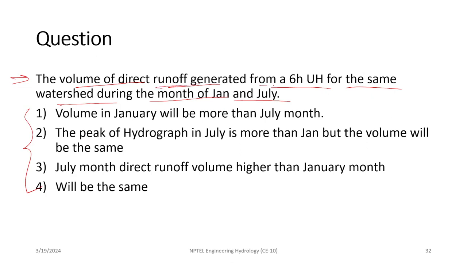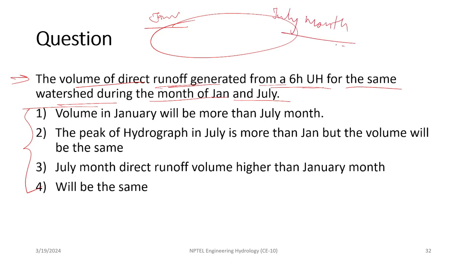The area is the same. At one time they are plotting this unit hydrograph for January, and then again for July. Now the inferences we have to make should not be a random answer; there should be some assumption.